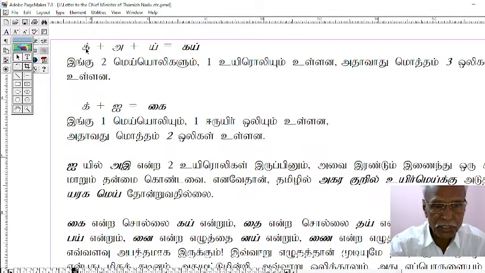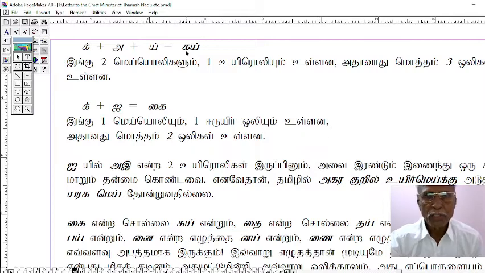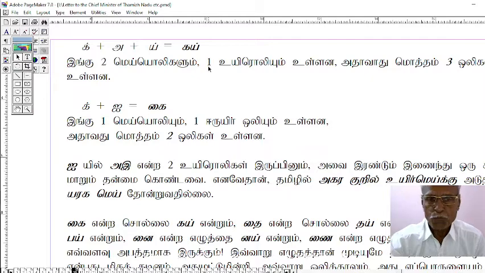That is, these three letters e, a, e form the syllable kai. In the syllable, there are two consonant letters and one vowel letter.